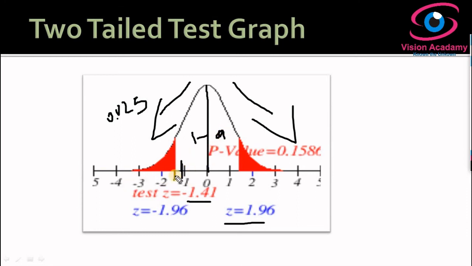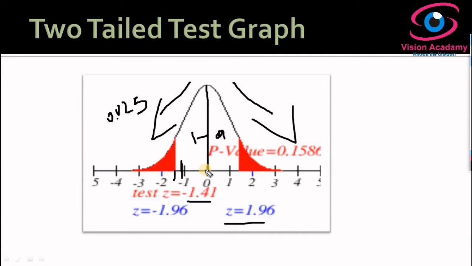Look at this graph very carefully. If your tested statistic falls in the rejection region, the shaded area, you will reject the null hypothesis. If your tested statistic falls in the unshaded area, which means the non-rejection region, you will retain your null hypothesis.